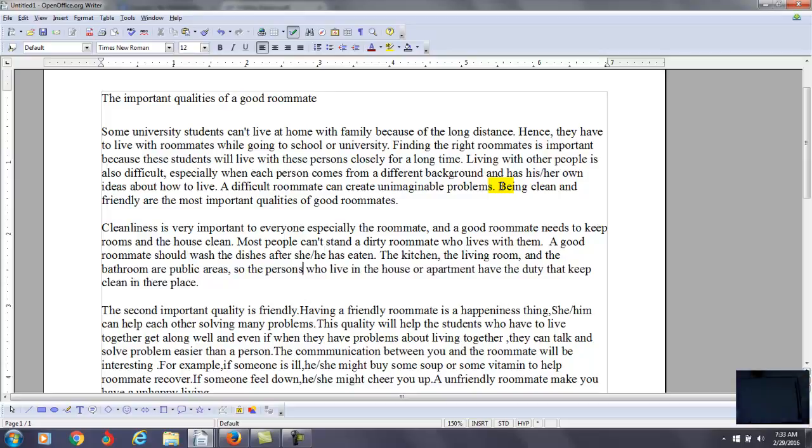Hold on a second. So the persons who live in the house or apartment have the duty to keep clean in their place. I'm going to say the house orderly and clean.